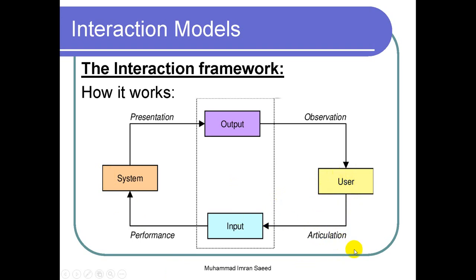And I told you we can tell by speaking, by touching the screen, by clicking or double clicking the mouse, by writing the command, by gesture, anything. So the user is articulating, giving the input, and then that input is performed or executed by the system.